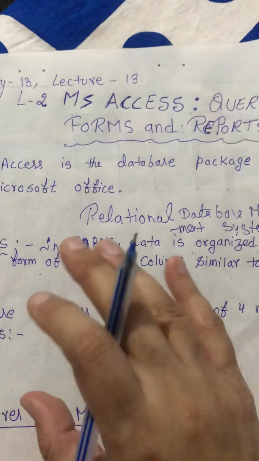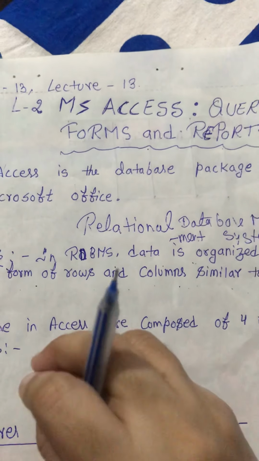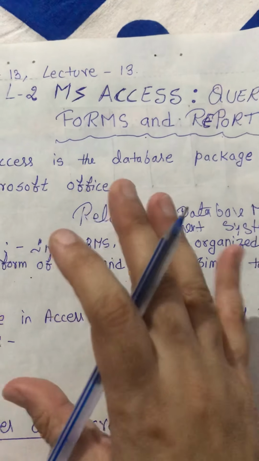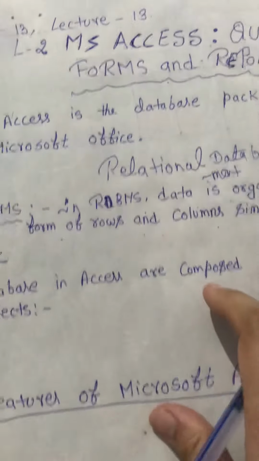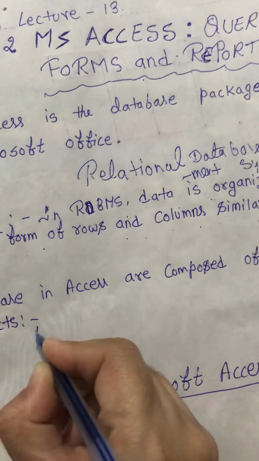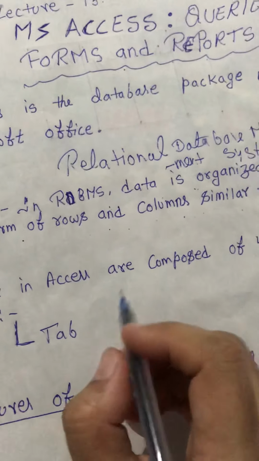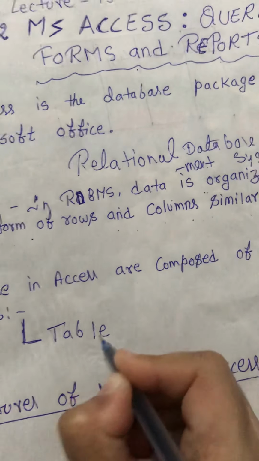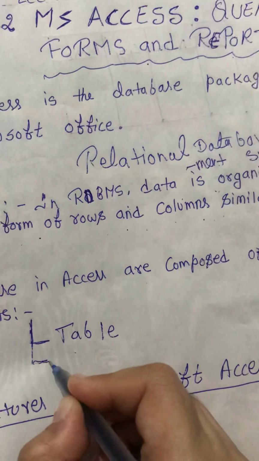Student, Access is composed of 4 main objects in a database. What are the 4 objects? First is table. Second is queries.